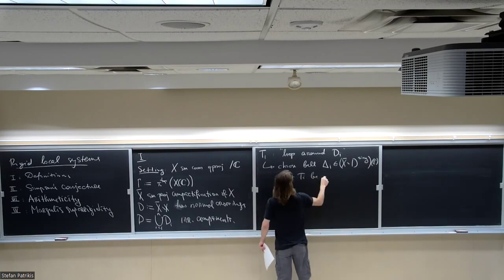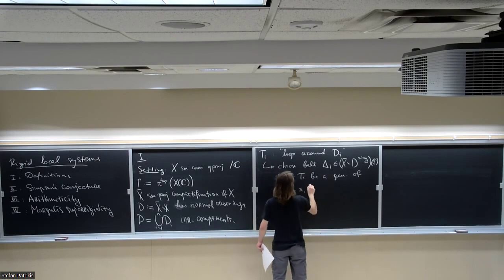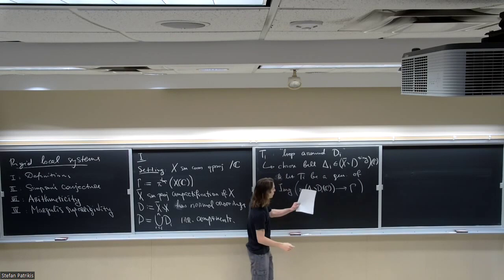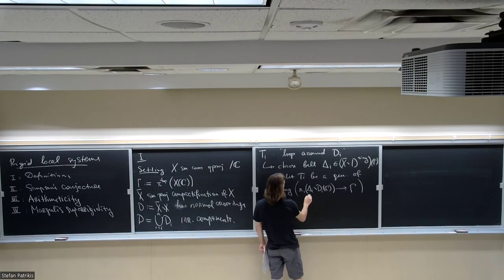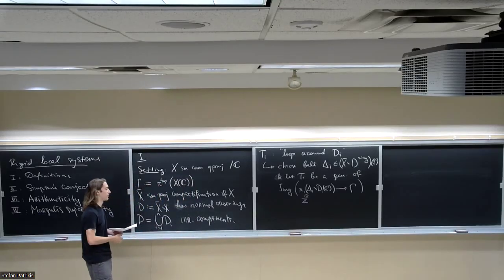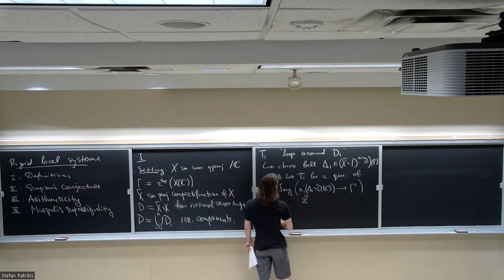Then T_i should be a generator of the image of the fundamental group of the punctured ball, this ball minus this divisor component, in gamma. Of course, there are some choices involved in defining such a map. But this group here is just easy to see topologically. This is Z, so we can pick out a generator T_i of the image.